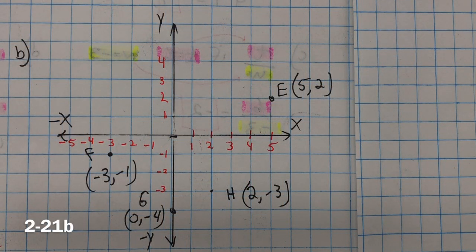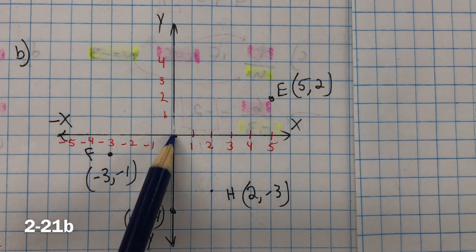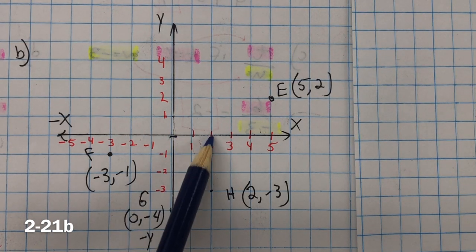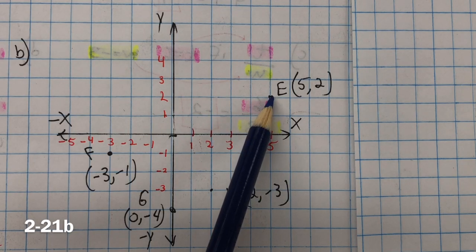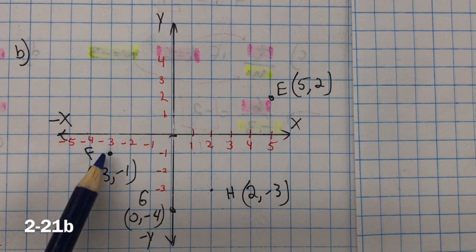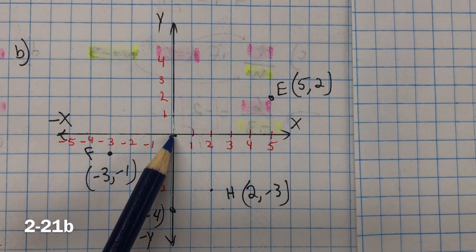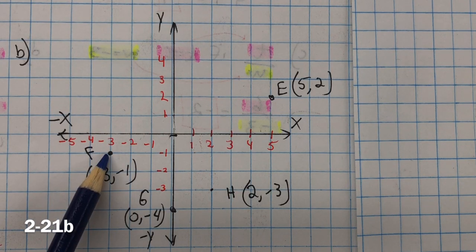For 221b, we need to plot the point E at 5, 2, so that's 5 on the x, 1, 2, 3, 4, 5, and 2 on the y, 1, 2. Point F is at -3 on the x, 1, 2, 3, and negative 1 on the y.